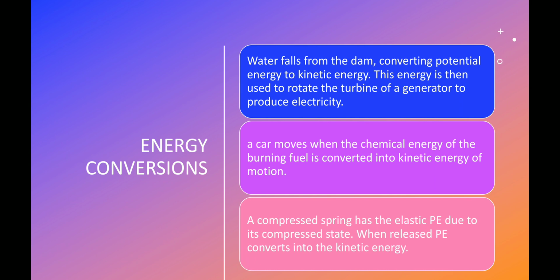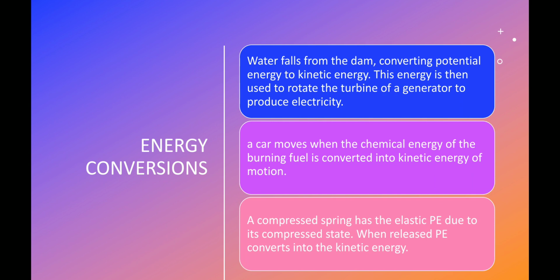So there are many energy conversions that we observe. I have mentioned only a few of them. For example, when water falls from a dam, the potential energy at that height is converted into kinetic energy of falling water, which is then used to rotate the turbine of a generator to produce electricity.